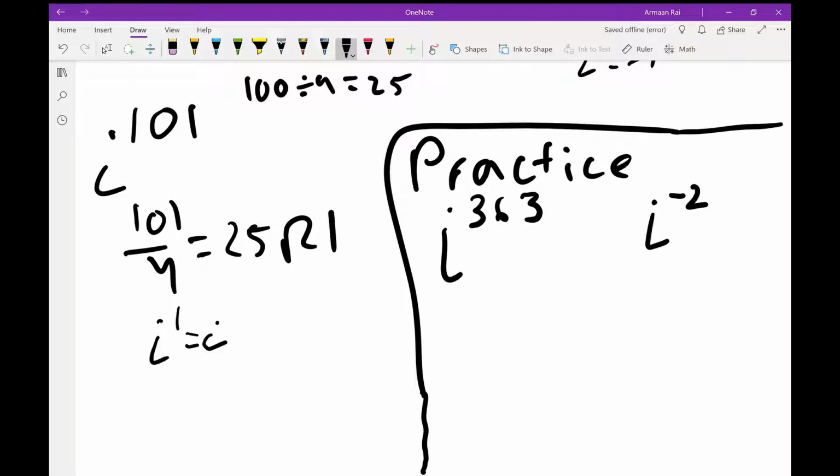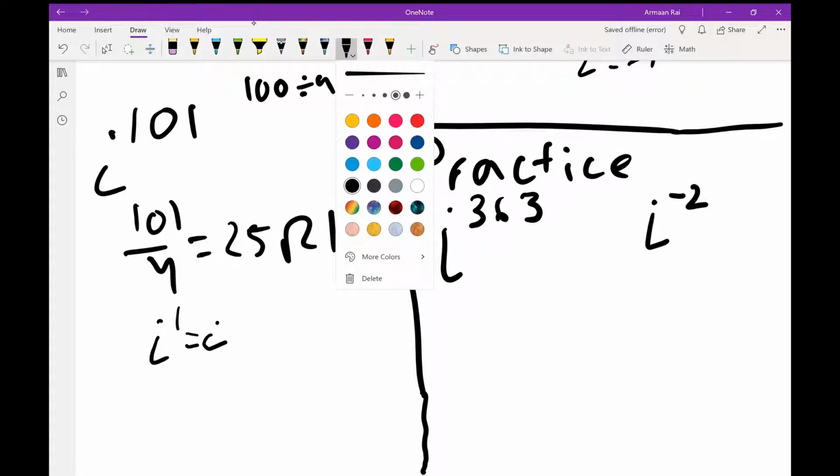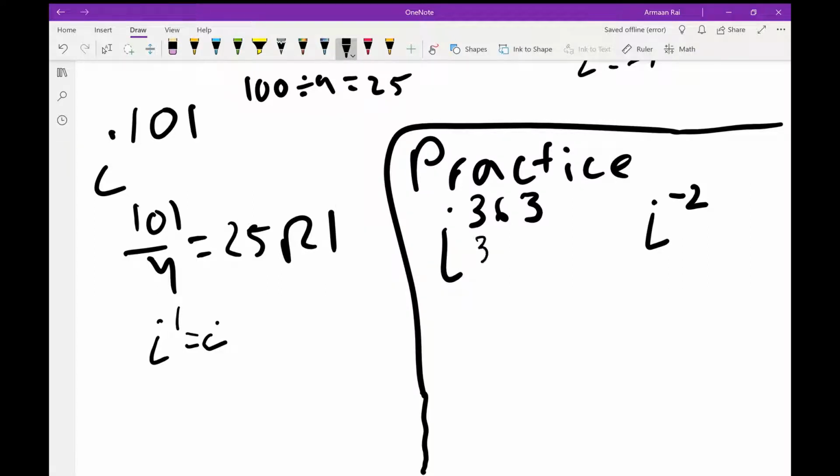Okay, so 363. We know that 360 is divisible by 4, and that's 90.